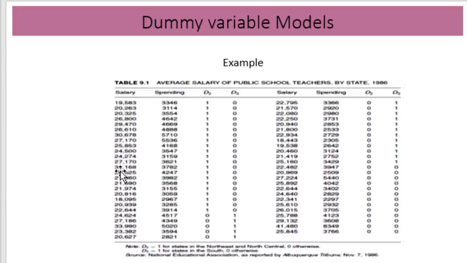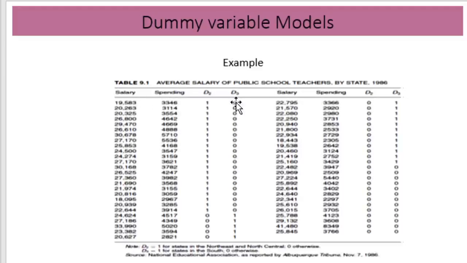Here we have salary mean, then spending, D2 and D3. First we regressed salary on D2 and D3, but here we have one more variable, the public expenditure. If we introduce a model incorporating a variable which is quantitative in nature, such models are known as ANCOVA models.